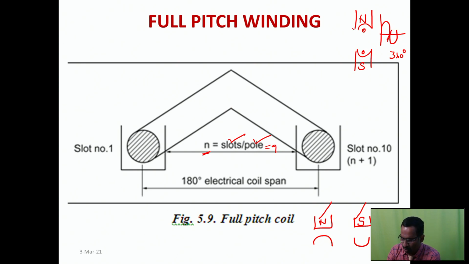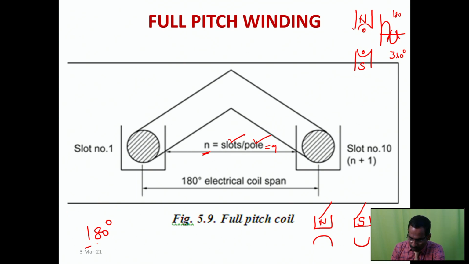Up to this it is 180. The first half cycle, the second half cycle covers the remaining 180 degrees. Totally 360 degrees. So one pole pitch means it is responsible for 180 degrees.